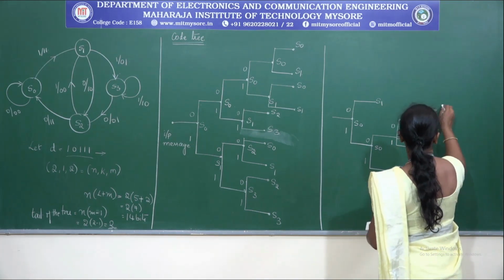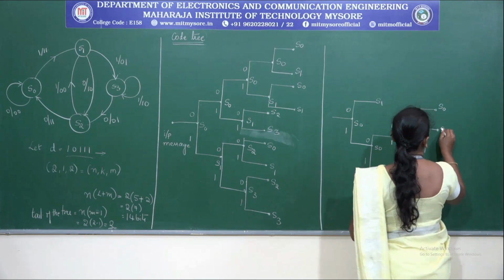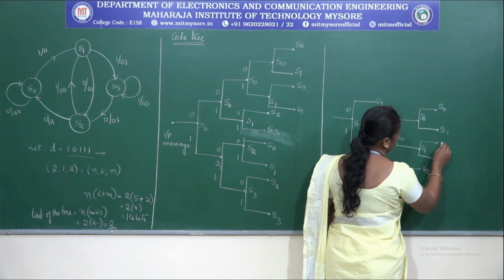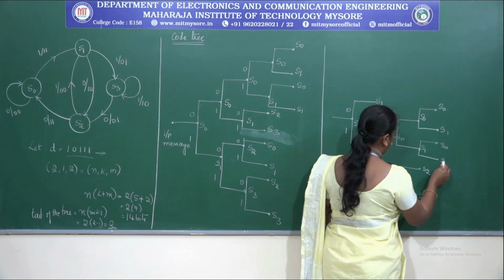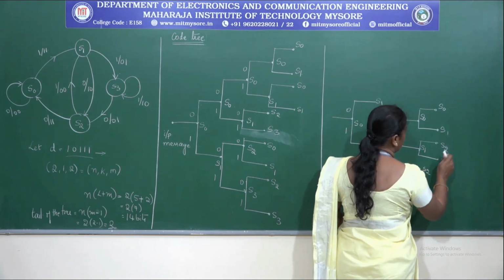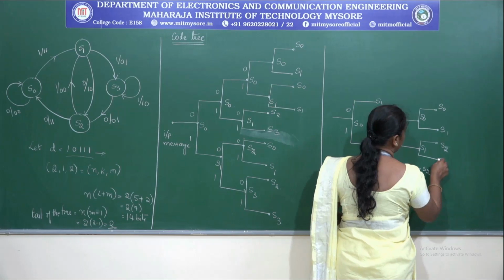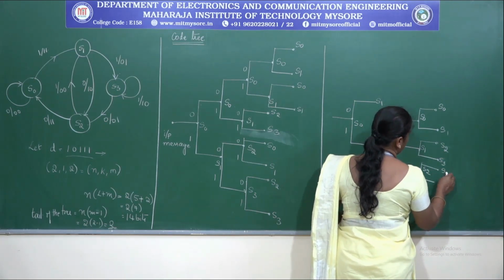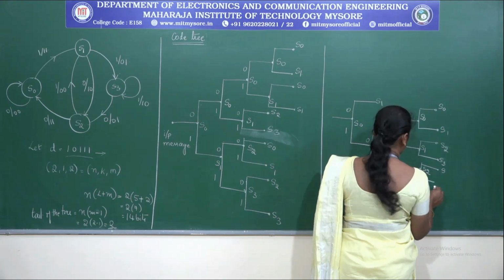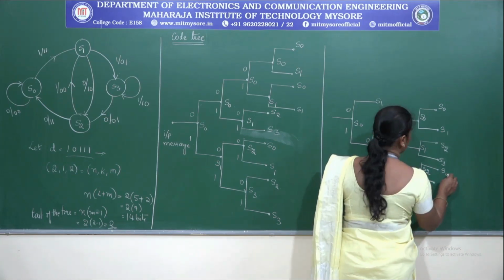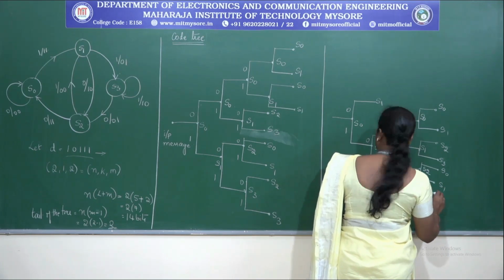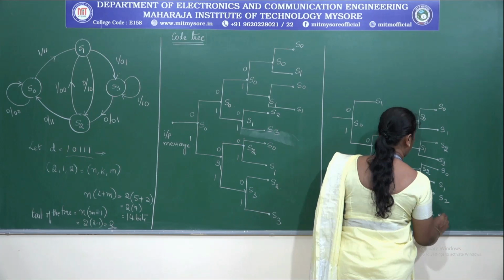So further, this is S0, this is S1. So from S1 it is S2 and S3, and this is S2. So from S2 it moves to S0 and S1. So from S3 it moves to S2 and S3.